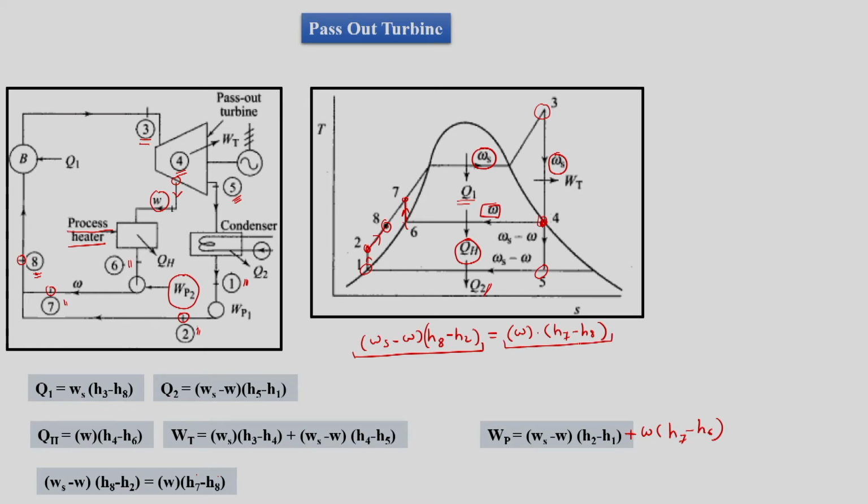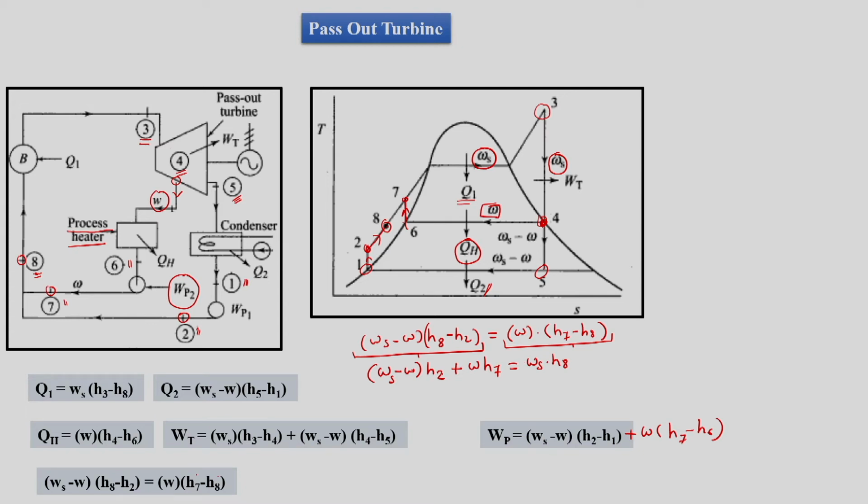So, this is the loss in enthalpy by one water, and this is the gain in enthalpy of the other water. This is what we were saying in the earlier case: we have Ws minus W amount of water at state 2 mixed with W amount of water at state 7, and then we have Ws amount of water at state 8.